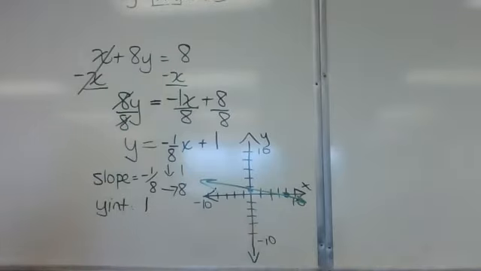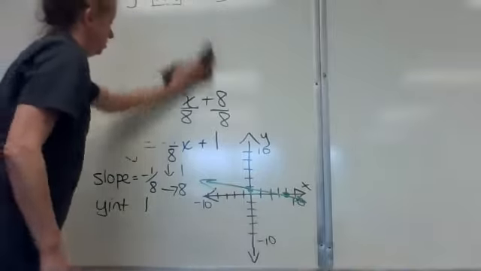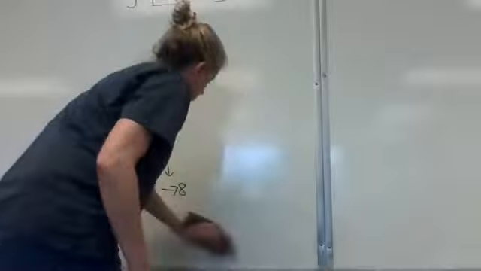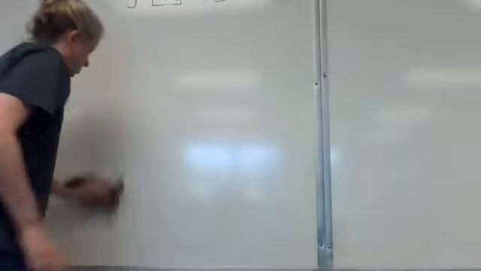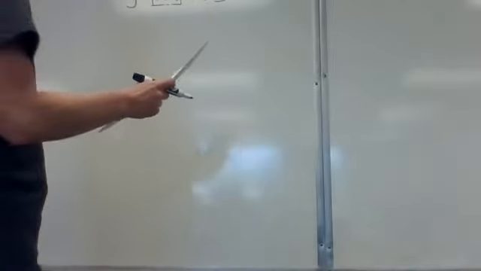All right, number 17. Graph the line through the given point with the given slope.